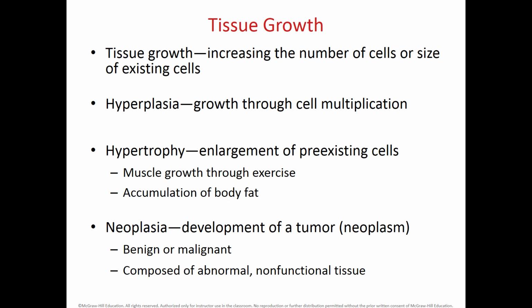If you have a growth in the number of cells, such growth is going to be called hyperplasia. If the cells increase in size, this growth is going to be called hypertrophy. An example of hypertrophy is when someone works out their muscle and the muscle becomes bulkier.